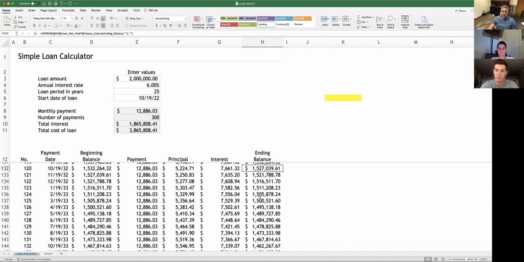Now, your initial reaction is kind of like, well, crap. I don't have $1,527,039.61 to cut a check. Okay, so why do you think a lender would bother going through the exercise of putting a term on it or a balloon? Do you refinance at this point? Yeah, you do.